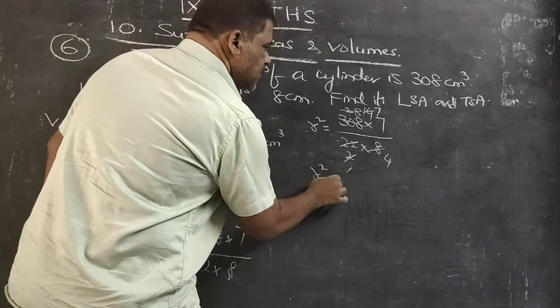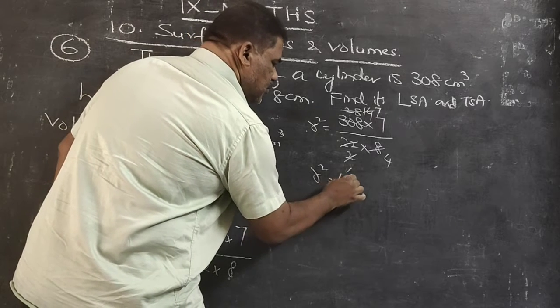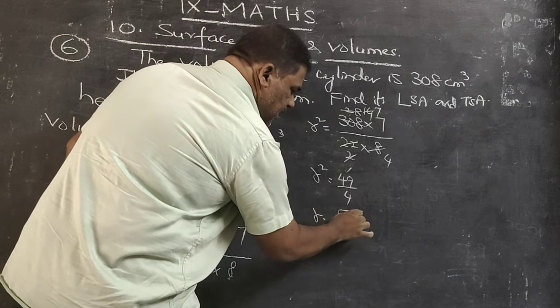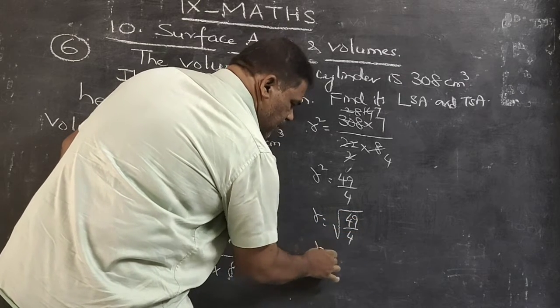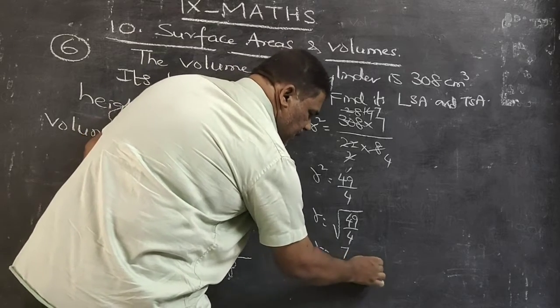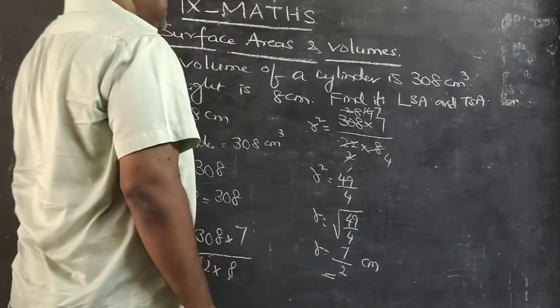So R square is equal to 7 into 7, 49 by 4. R value is under root 49 by 4. Square root of 49 is 7, root of 4 is 2. So R value is 7 by 2 centimeters.